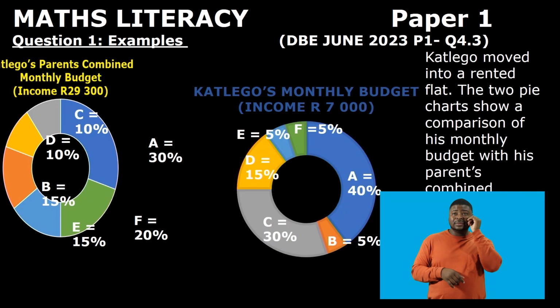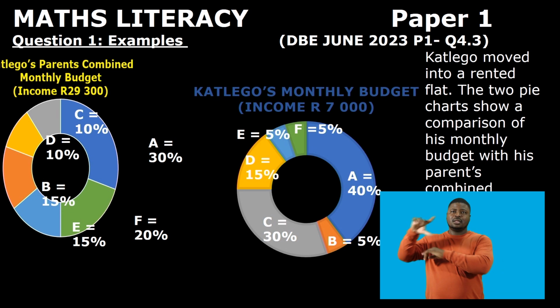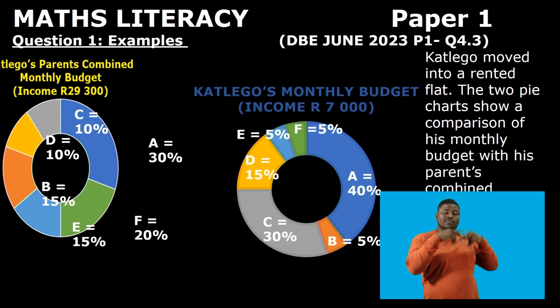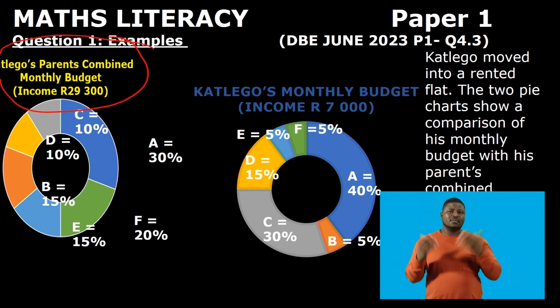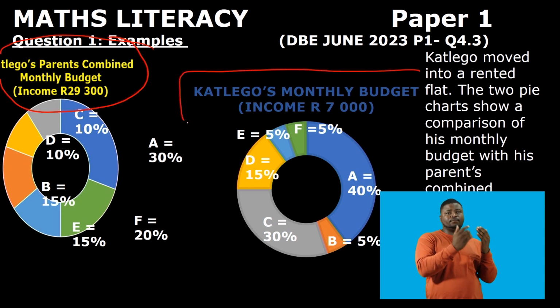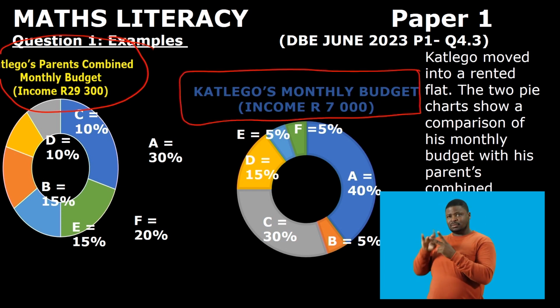And then, another example. Katlego moved into a rented flat. The 2 pie charts show a comparison of his monthly budget with his parents' combined monthly budget. So this is his parents' combined monthly budget, and then this one is only Katlego's.